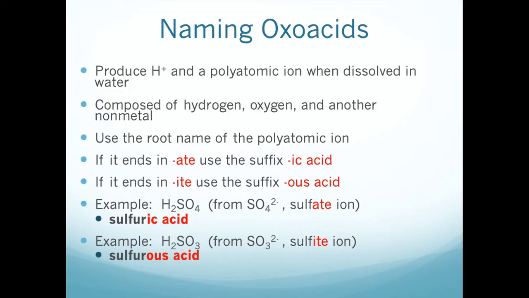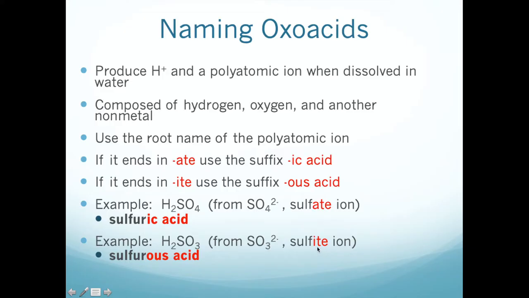Now we've seen before that with these polyatomic ions, if you take away an oxygen from these ate ending polyatomic ions, the suffix changes into ite. So if you take away an oxygen from nitrate, it becomes nitrite. If you take away an oxygen from sulfate, the example given here, it becomes sulfite. Notice that the charge remains the same even though you've got one fewer oxygen.